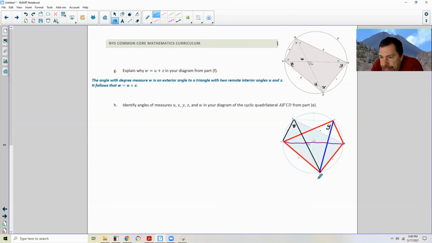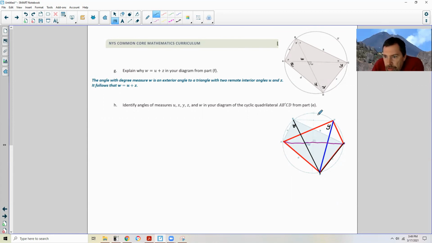And then what else do we know? Well, we know X is this whole thing here. So where does X go? Is there something else we can call X? So let's see. X goes from D to C, like so, and it goes up to B. So this angle right here was our X, okay?